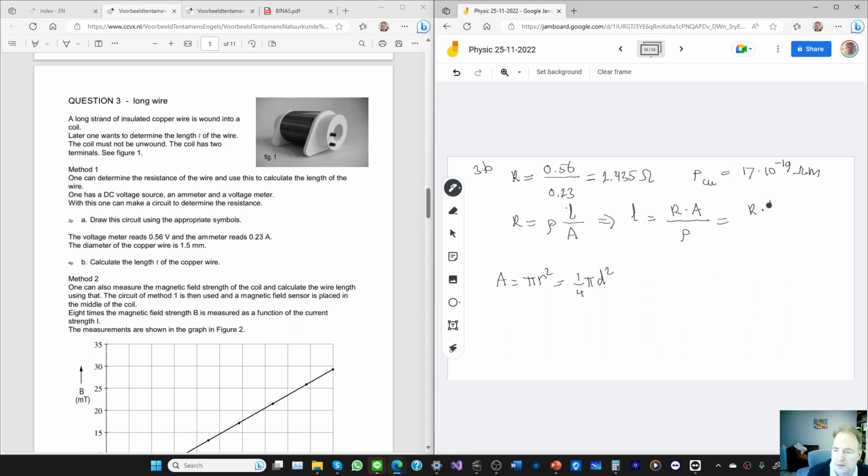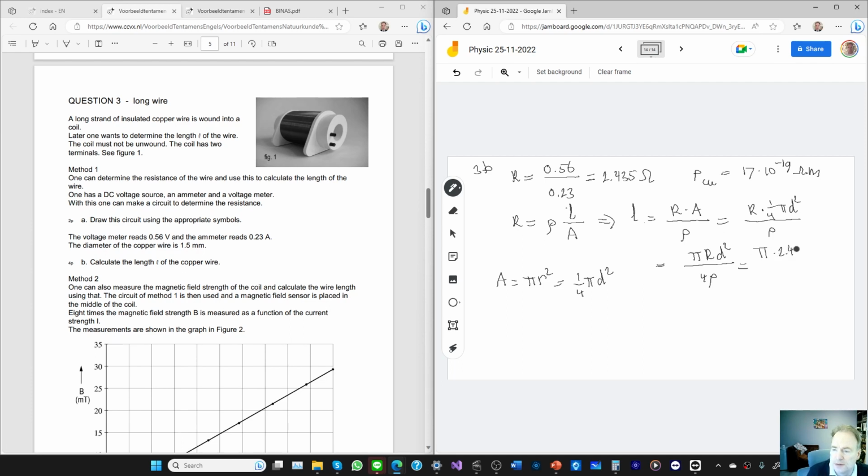So I get this divided by rho, but this is just pi d squared divided by 4 times rho. Now I can just substitute everything I know.